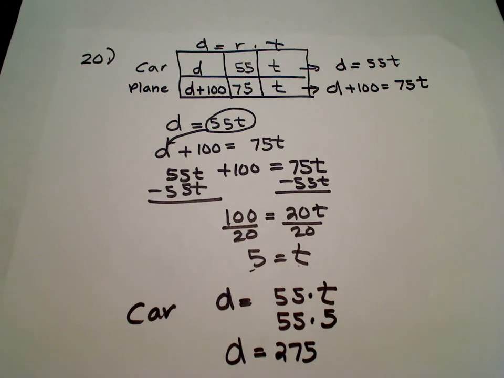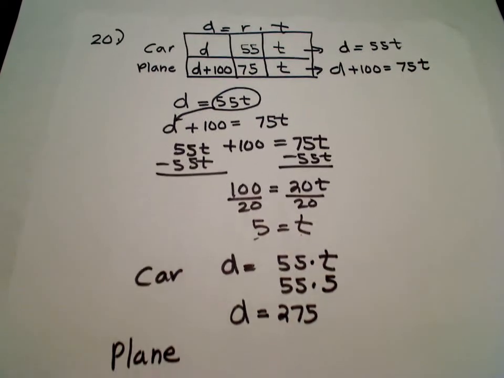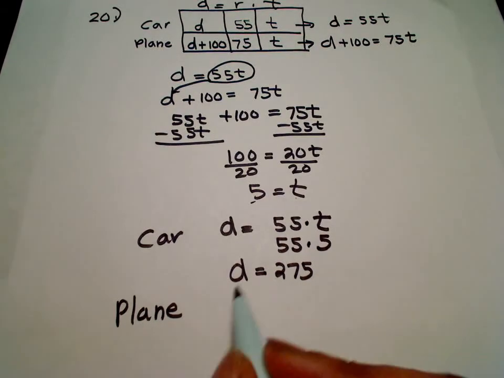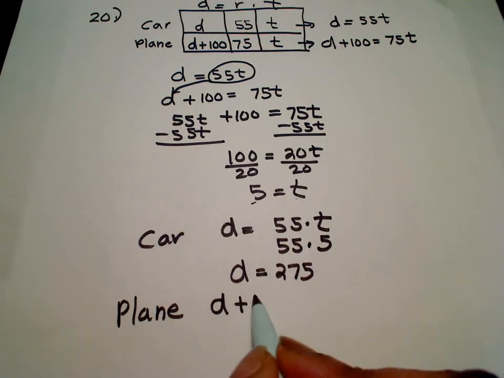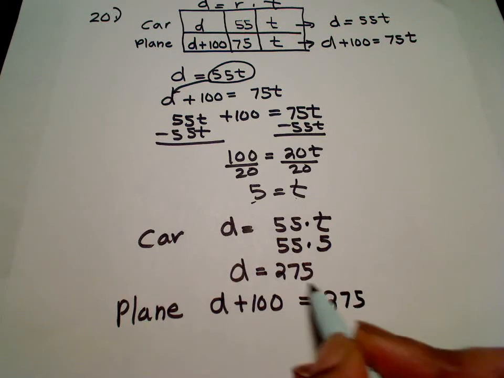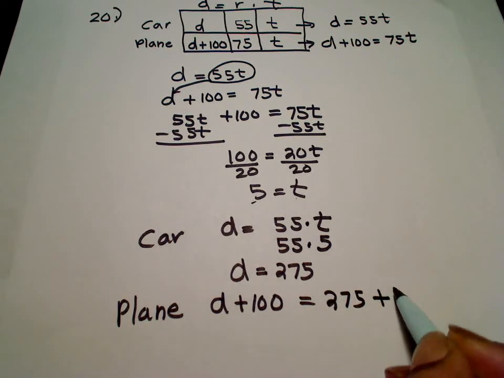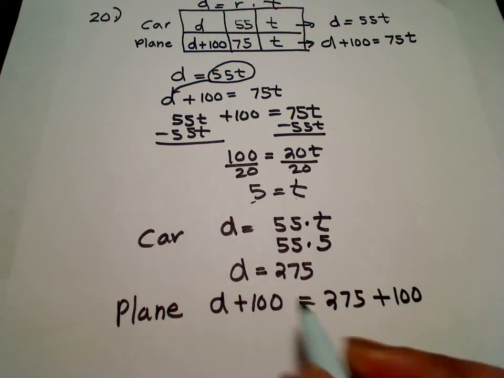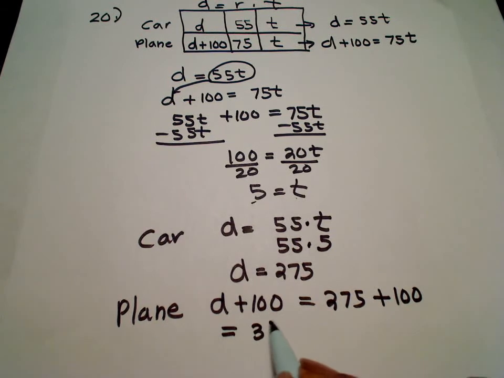Well, to find the plane, I'm going to end up with distance plus 100, which is equal to 275, because that's the distance, plus 100, which ends up giving me 375.